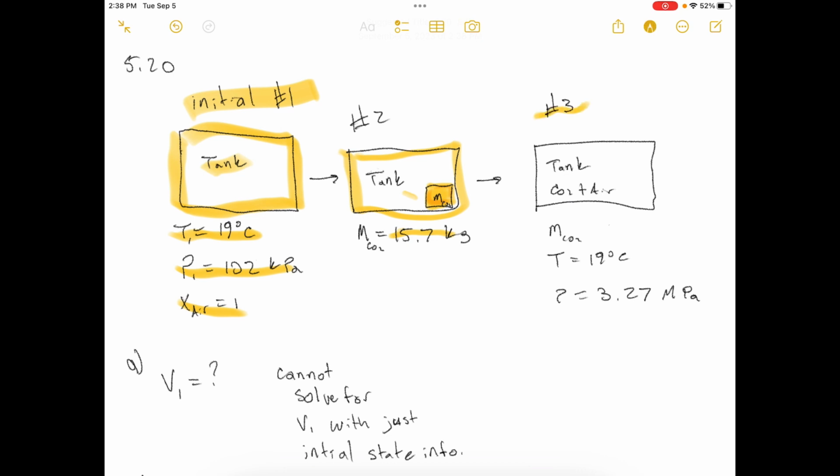Then in state 3, we've let all of the CO2 and air turn into a gas and mix together, and there's a certain mass of CO2 in here, the same amount of mass that we put in. Then we've got the same temperature, and we also have a much higher pressure, right? Because now there's a bunch of CO2 in here as well.